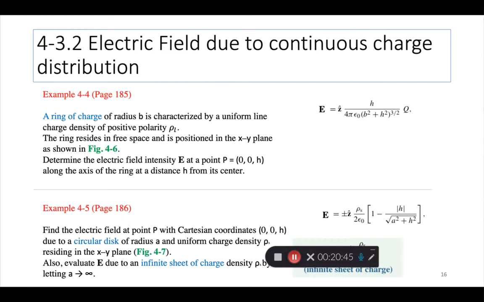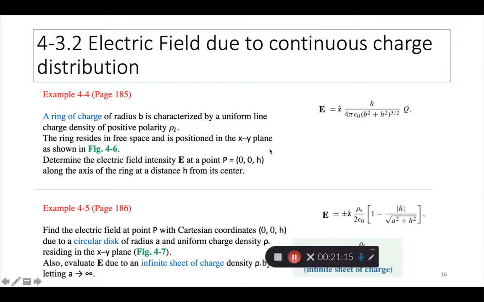And I do request you to take a look at it because even though this is an example, like I said, you have to understand how a formula is derived, right? What logic does he use to determine the field at a given point E?